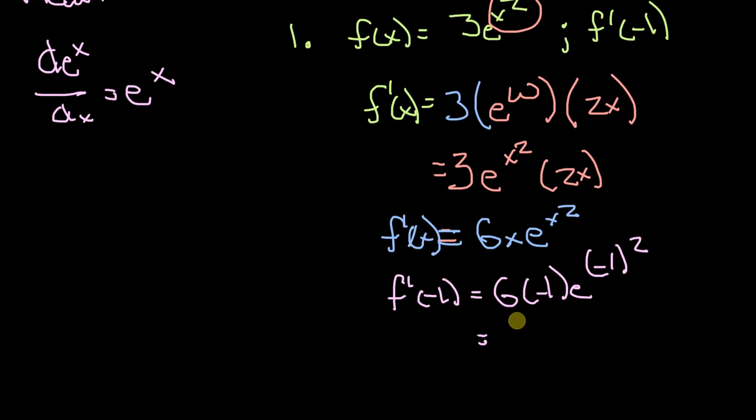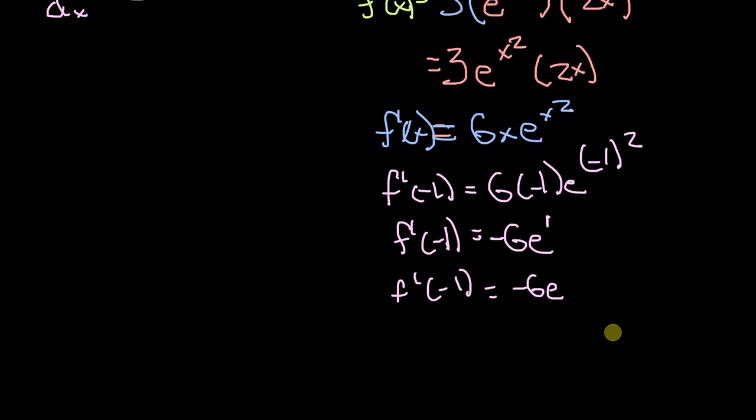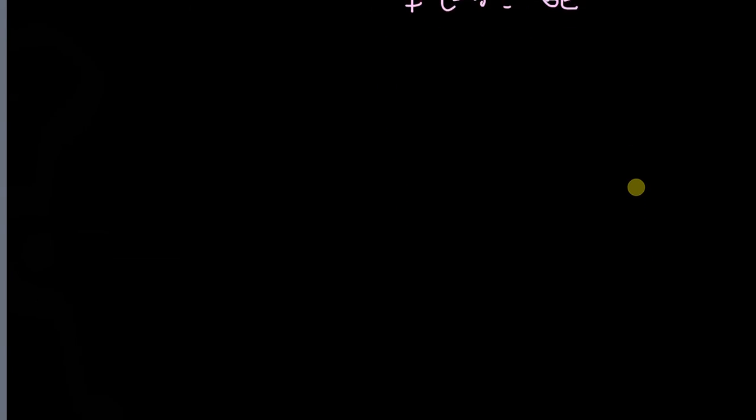Let's do as much as we can in our head. 6 times -1 is -6 times your base. -1 squared, -1 times -1, is just going to be 1. So our final answer, f prime at -1, is just going to be -6 times your natural number. Because of the exponent 1, it doesn't really matter. Okay? Wasn't that exciting? Now we're going to do some more.